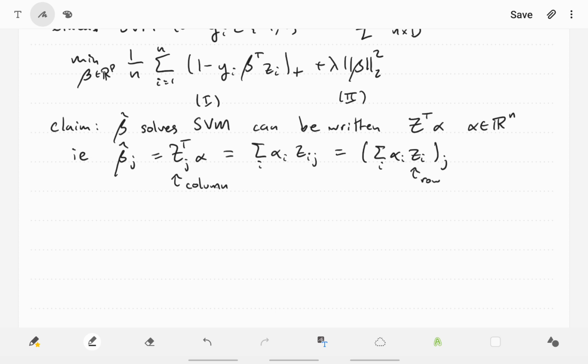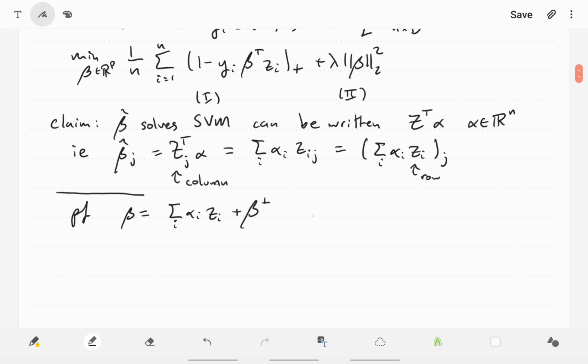Okay, so let's prove this claim. Proof. First of all, let's write our beta as some linear combination, the sum over i of alpha i zi, plus some component which we're going to call beta orthogonal. Furthermore, zi transpose beta orthogonal is equal to 0 for all i.